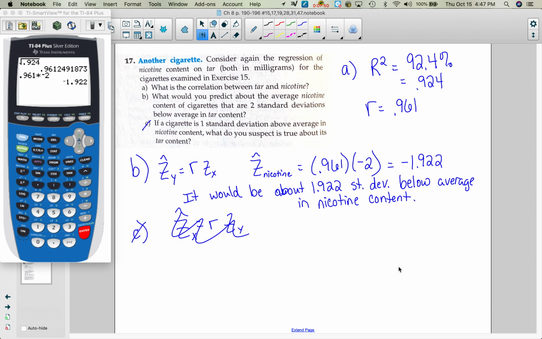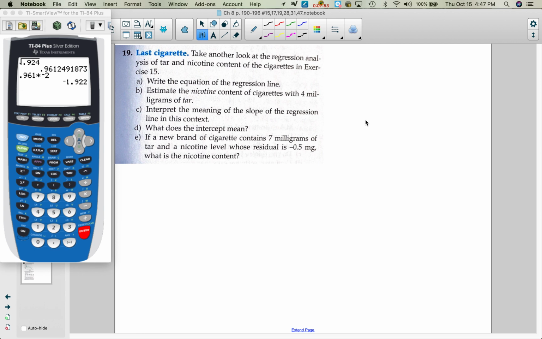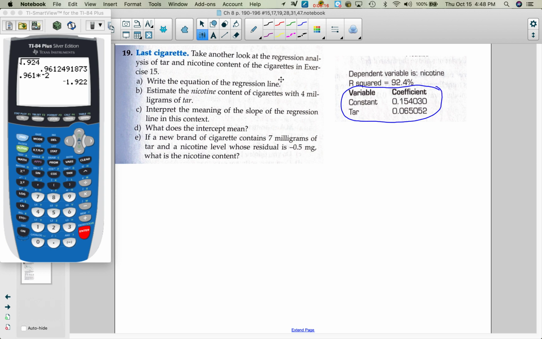All right, so it says take another look at the regression analysis of tar and nicotine content of the cigarettes in exercise 15. Write the equation of the regression line. I'm going to copy the information here. So I just copied this from problem 15, and this is where we got the R squared value, but I want you to notice this part right here. So we're asked to write the equation of the regression line. They tell us the constant.